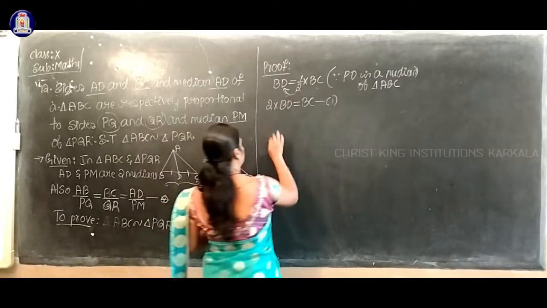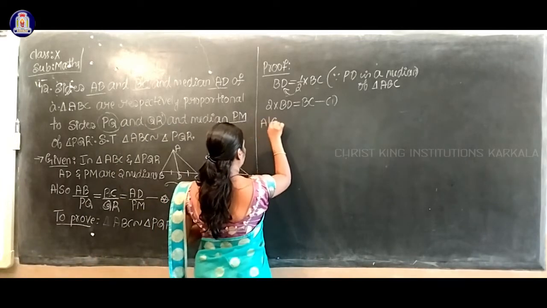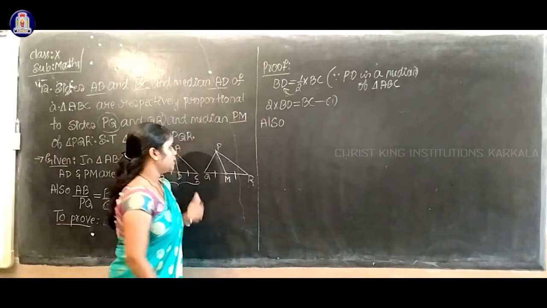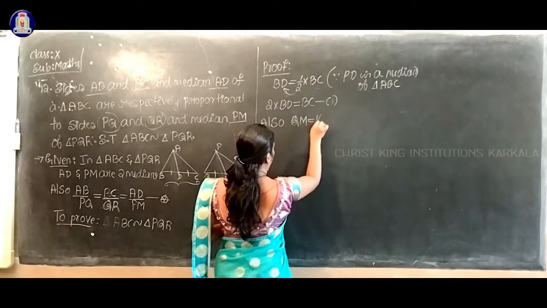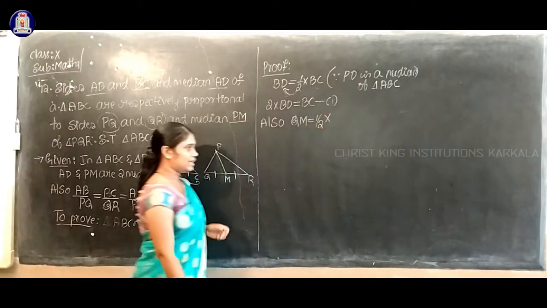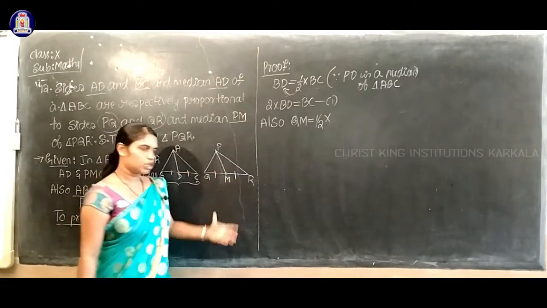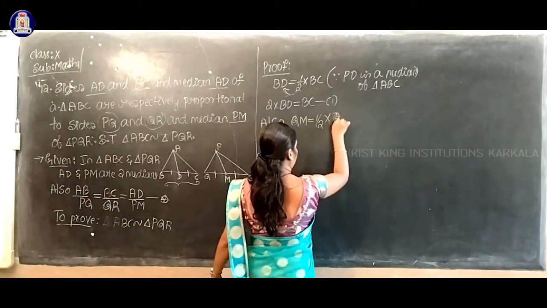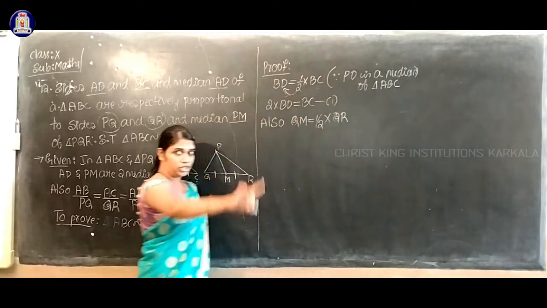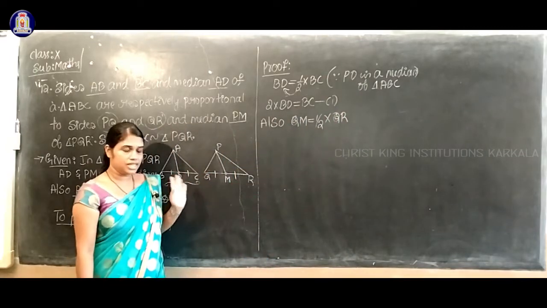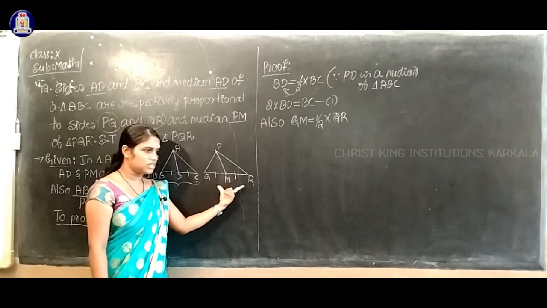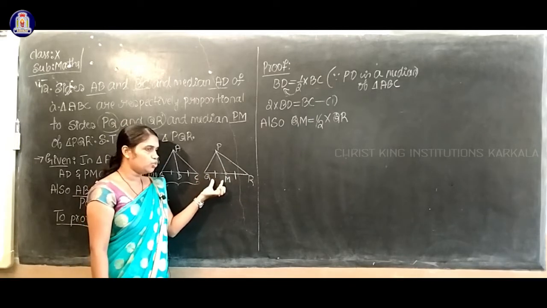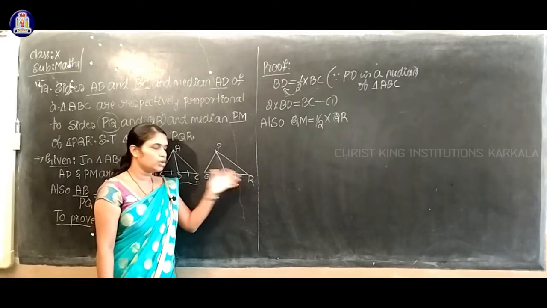Also, QM is equal to half of QR. Why? Because PM is a median, so point M is a midpoint of QR, therefore QM is equal to MR.